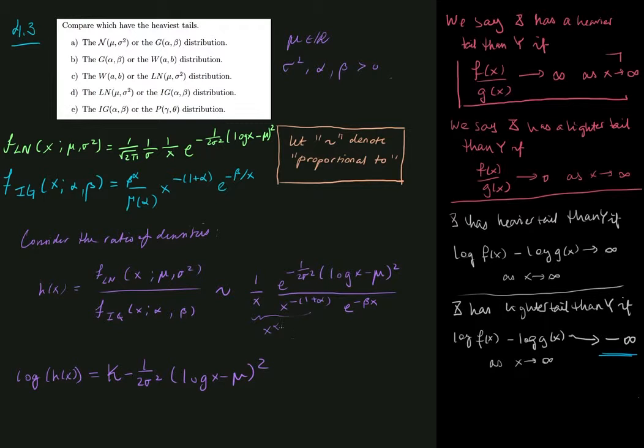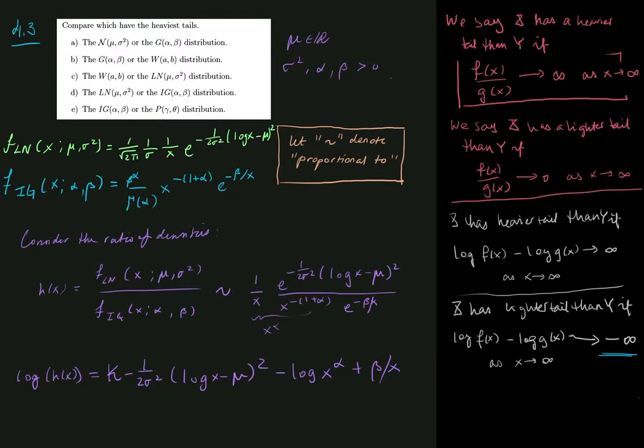In the denominator, the division sign gives me a minus, and then I have minus log of x to the alpha, and then minus beta over x, which is plus beta over x. I think I forgot to write the division sign here. It's beta over x. Very nice.